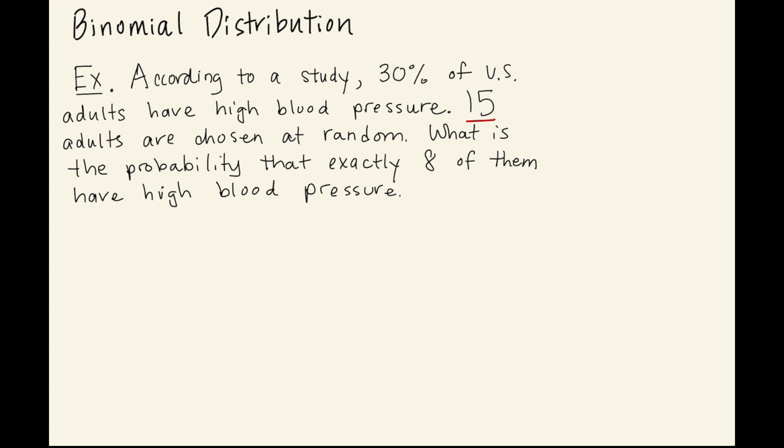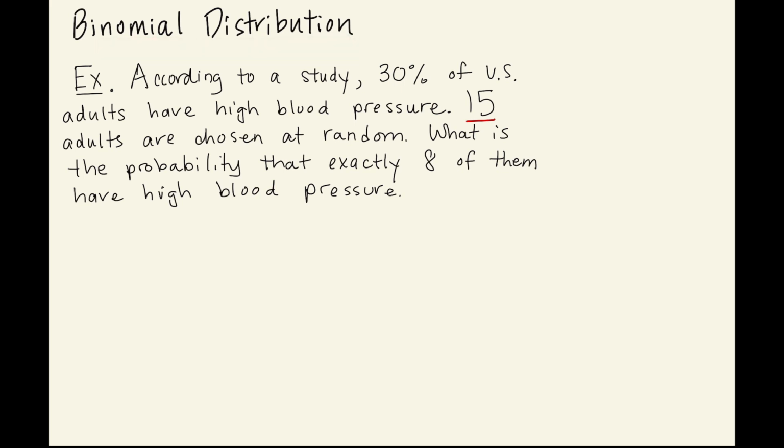So either the person has high blood pressure or they do not. So there are only two possible outcomes. The probability they have high blood pressure is fixed. It's constant at 30%. And the trials are independent because we are drawing from a large population, the U.S. adults. So this indeed is a binomial distribution.